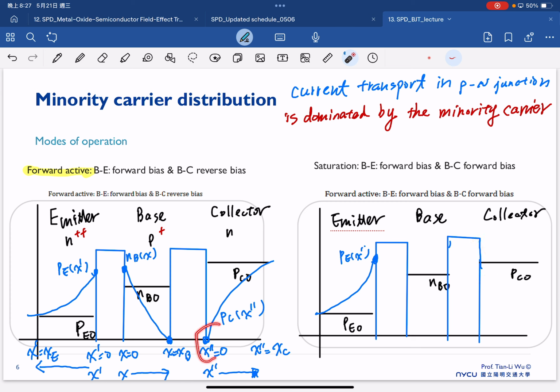The reason it starts from 0 is reverse bias, but now this is forward bias, so this will be somewhere here, and then start to exponentially decay.